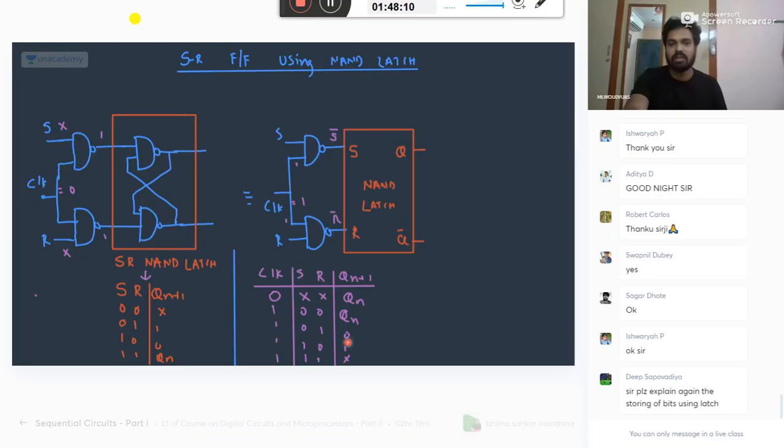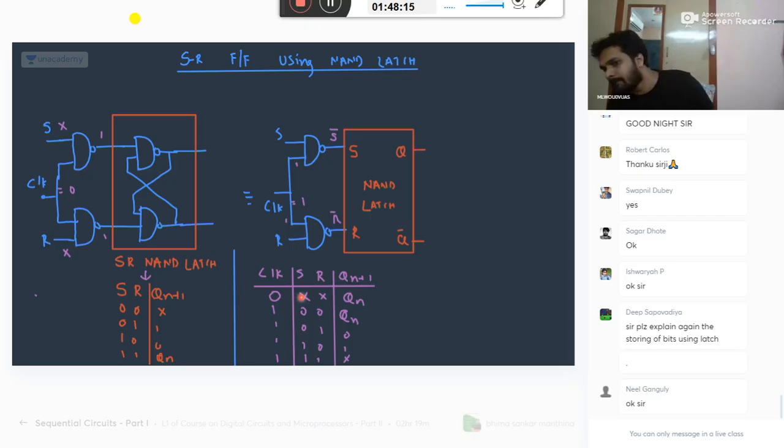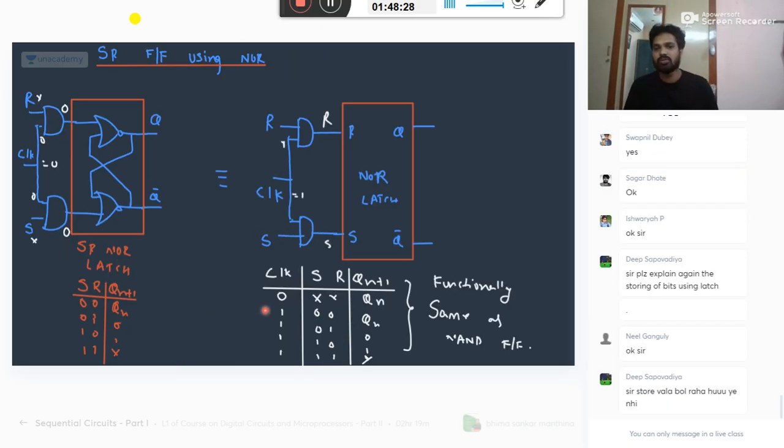See the table. If you want to store data here, for example, you want to store 0, what to do? Give 0,1 in the input.